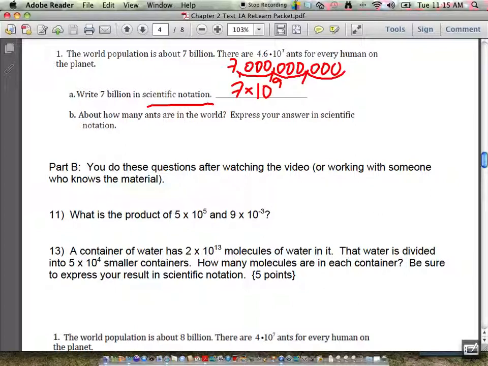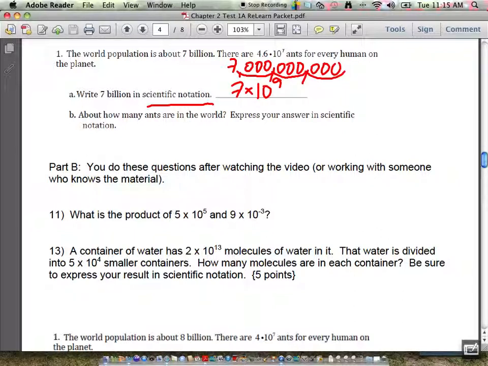Let's say we got these 7 people right here. Annabelle, what's your favorite kind of cookie? Oatmeal raisin. Okay, let's say each of these 7 people have 3 oatmeal raisin cookies. How many cookies are there altogether?